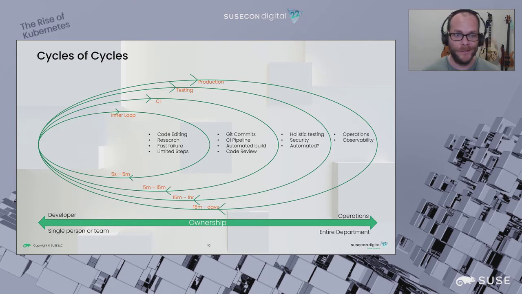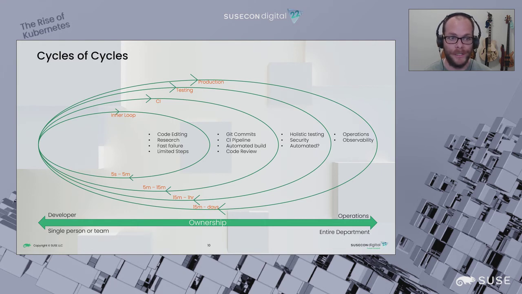So developers kind of work at all of the software development life cycle, which is the cycles of cycles, right? Everything is iterations. So you have your inner loop, and this should really be 5 seconds to 5 minutes, kind of at the high end.